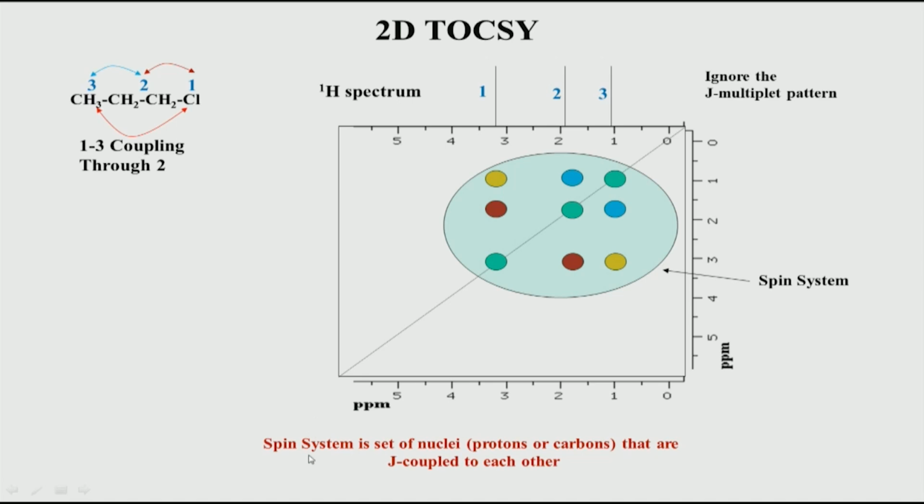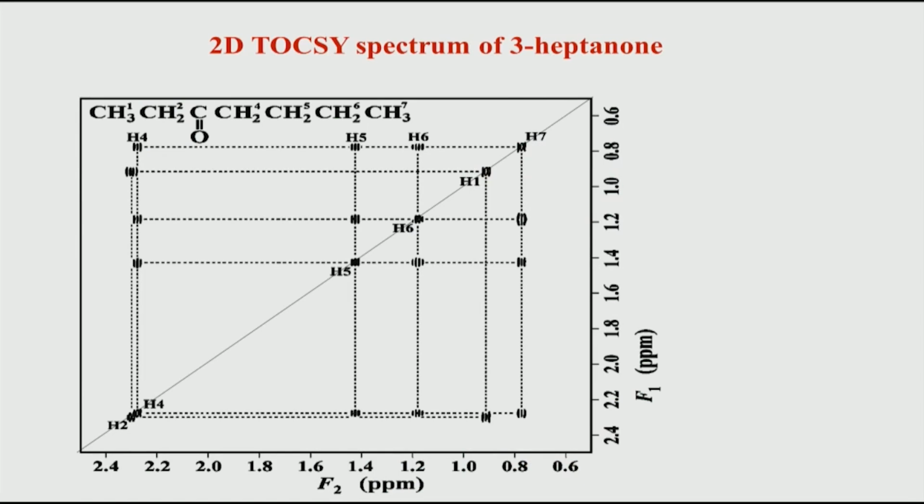Again we repeat: a spin system is a set of nuclei, that is, either protons or carbons, that are J coupled to each other within the set. This is a very important point in NMR in general. We will use this nomenclature as we go to more difficult or more advanced aspects.